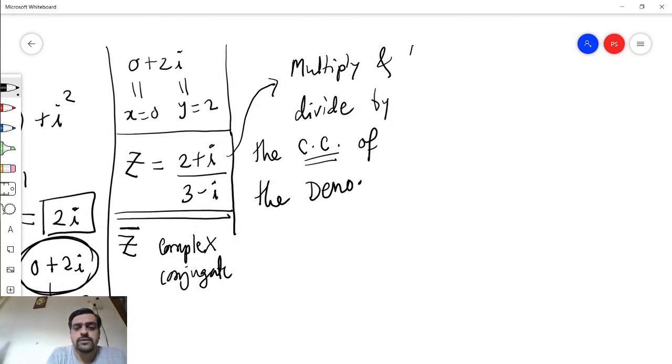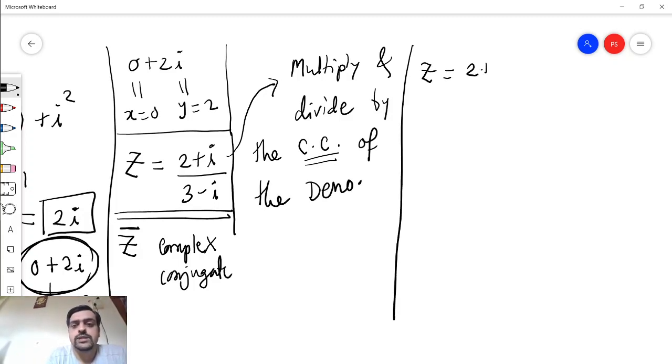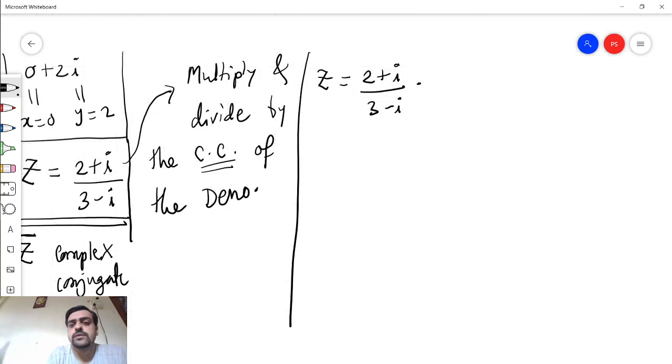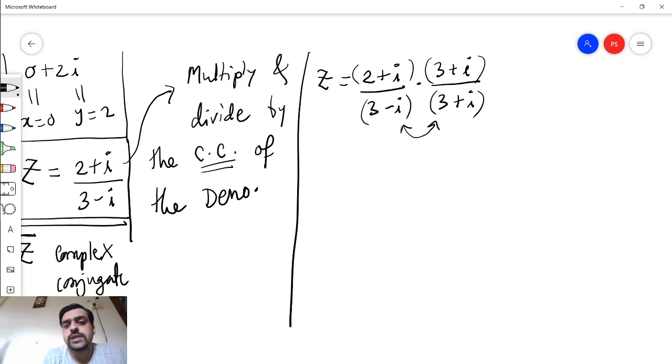So z will be 2 plus i upon 3 minus i into 3 plus i upon 3 plus i, right? So we have multiplied and divided by the complex conjugate of the denominator.